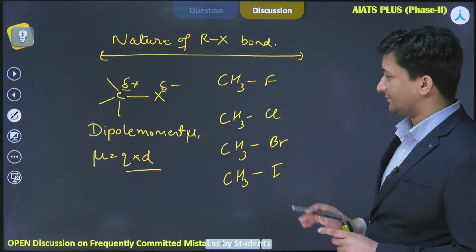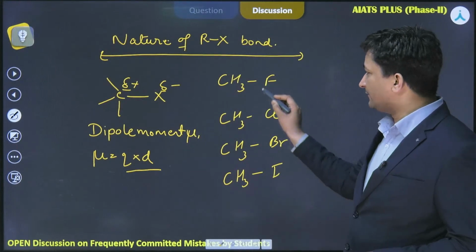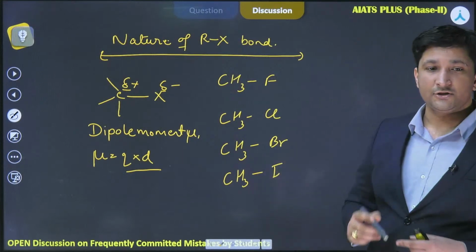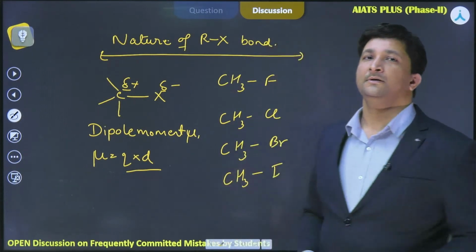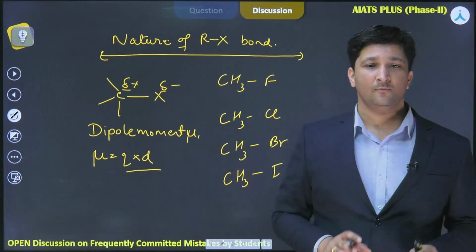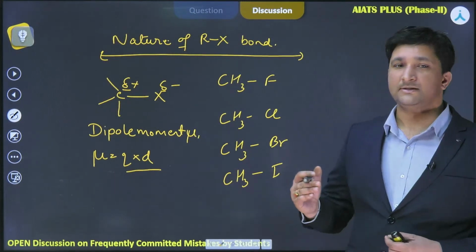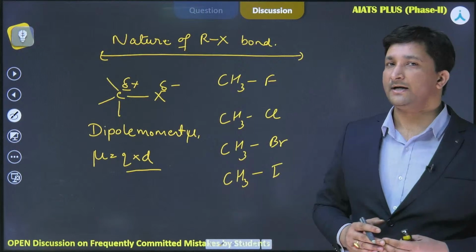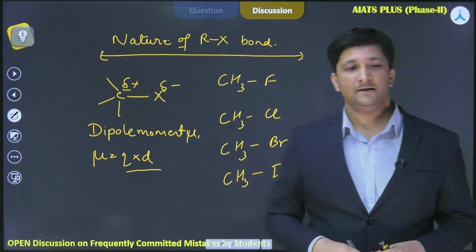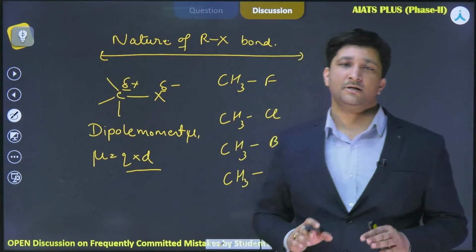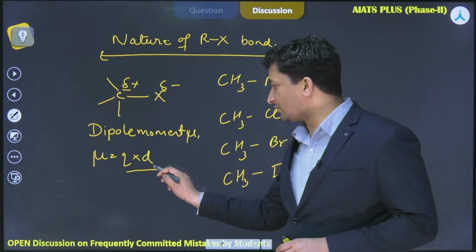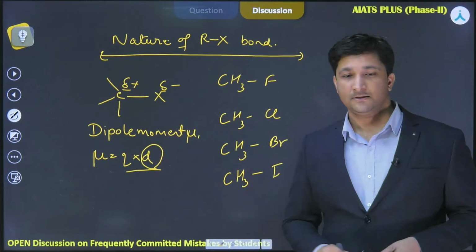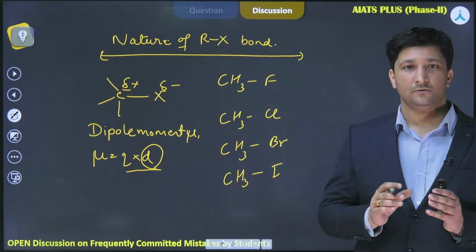Tanmay is saying 2, 1, 3, 4. Now you have to find out which of the bonds out of C-F, C-Cl, C-Br, C-I is going to have the maximum bond polarity or maximum dipole moment. Most of the time, students only consider one factor: fluorine is most electronegative, so it will have the maximum polarity, and that's why C-F will be the most polar bond. But that is not the case here. This distance is also a very important factor. Fluorine is small.